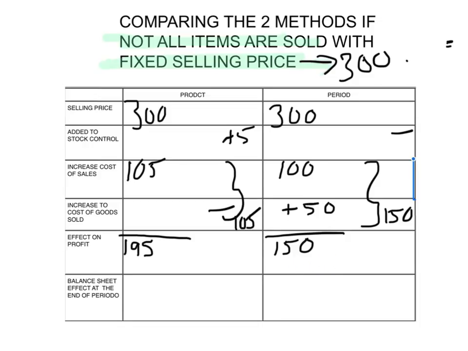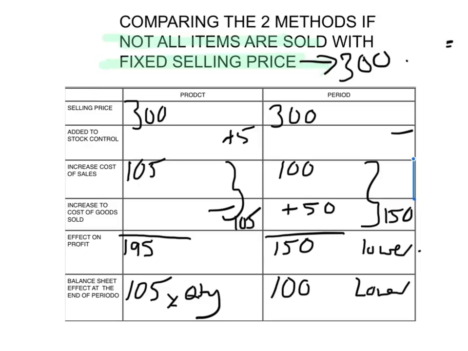In terms of ending value in the balance sheet, whatever we have left of the assets will be valued at 105 times the quantity. But in the period cost, it'll be 100. So the value of the assets will be lower for period costs and the profit will be lower. For product costs, profit's higher and the asset is higher.